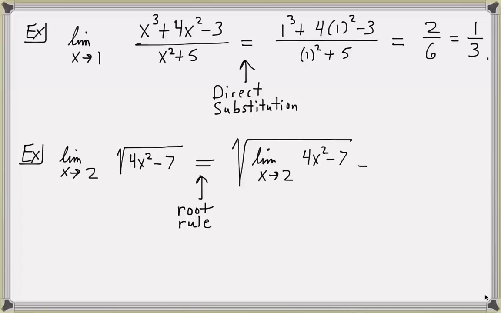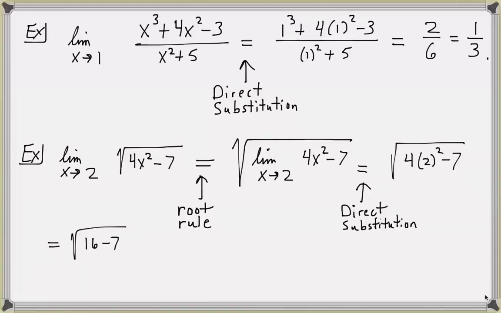And inside this radical, we have a polynomial. So by direct substitution, I can evaluate the limit inside the radical as 4 times 2 squared minus 7, which simplifies to the square root of 16 minus 7, or the square root of 9, which equals 3.